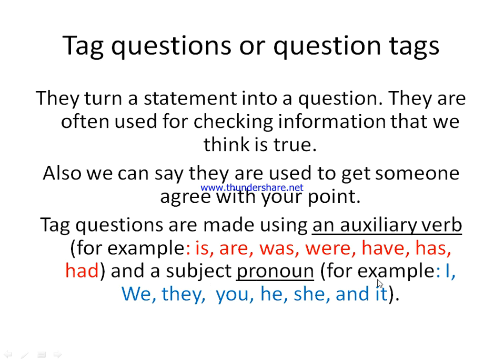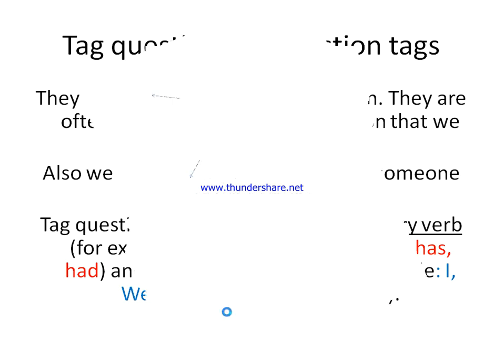Also we use pronouns like I, we, they, you, he, she, and it. So dear students, question tags are formed by using auxiliary verbs and also by using the subject pronouns, as you can see them here.